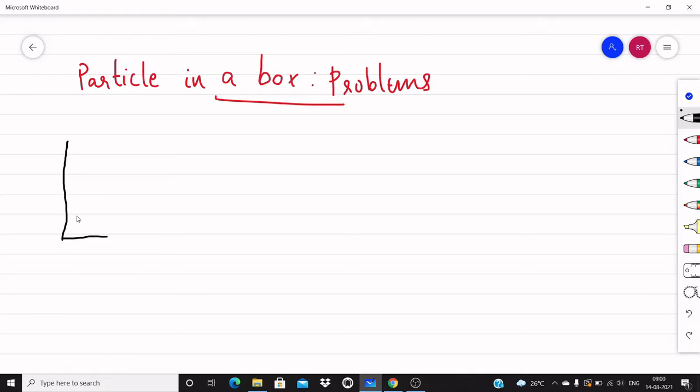If you remember, this is how energy increases. Here you have energy, and this is n is equal to 1, n is equal to 2, n is equal to 3, n is equal to 4, etc. So as n increases, the separation between various energy levels increases.